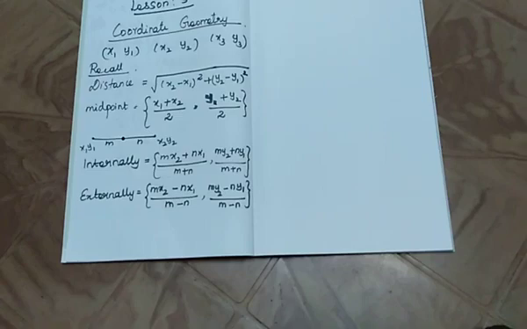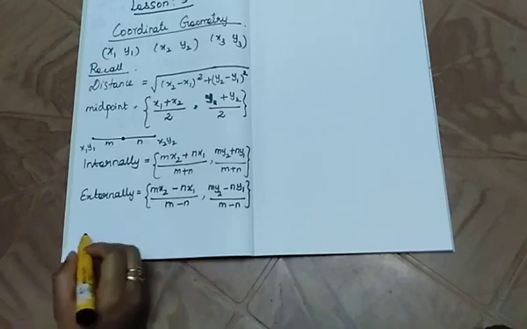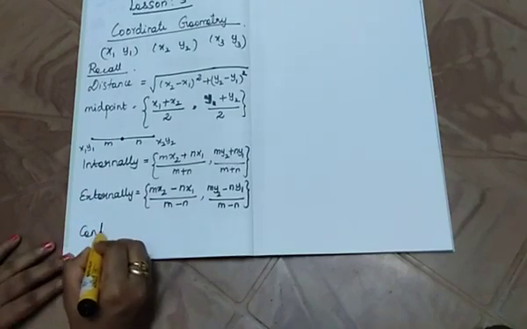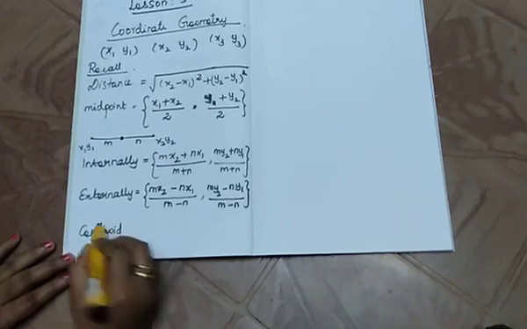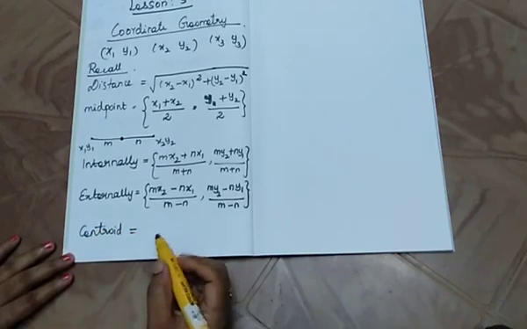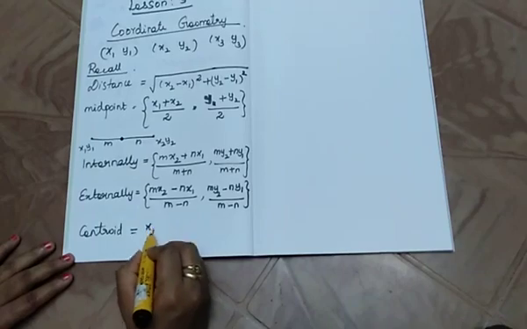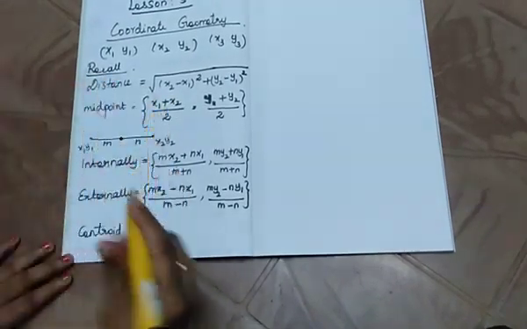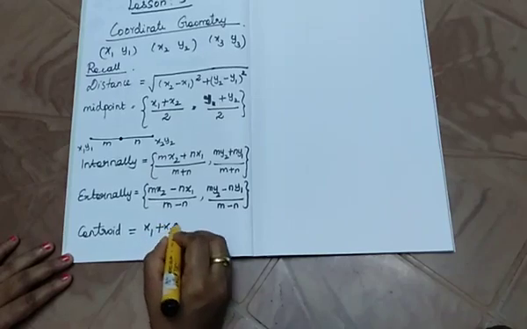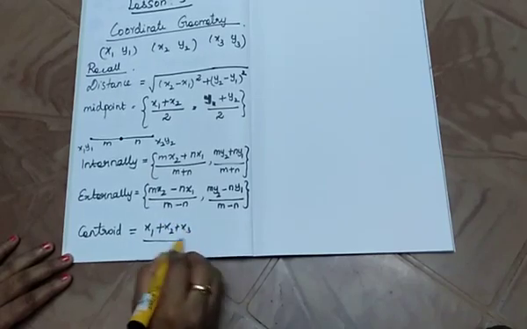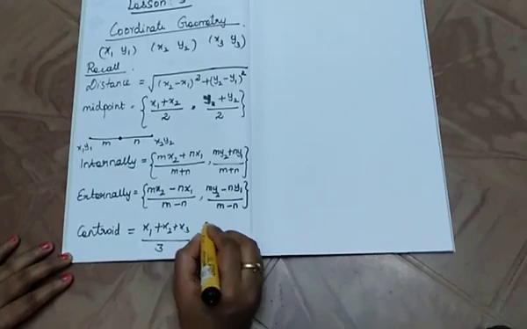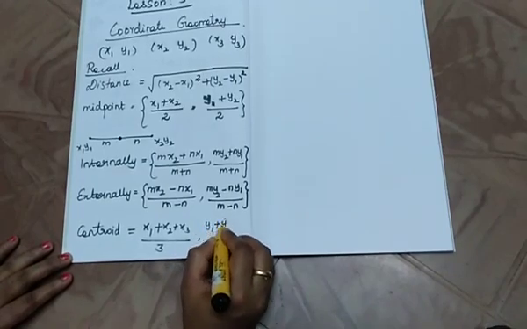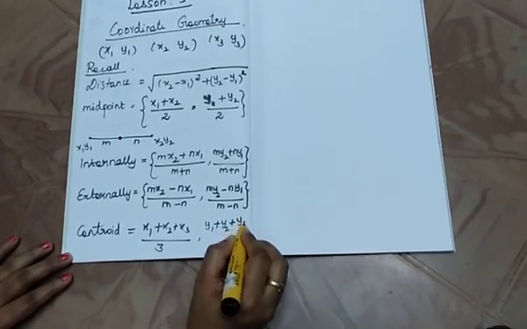If 3 points are given, how will you find the centroid? The formula is (x1 plus x2 plus x3) divided by 3, comma, (y1 plus y2 plus y3) divided by 3.